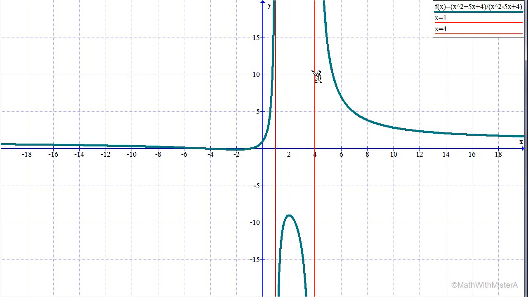And our graph is never crossing these asymptotes. And the fact that there are 2 asymptotes, 2 x values that the graph avoids, means that we have some extra pieces. We'll have a piece on the left of this left asymptote, and a piece of the graph that is in between the asymptotes, and another piece of the graph that is to the right of the asymptote on the right.